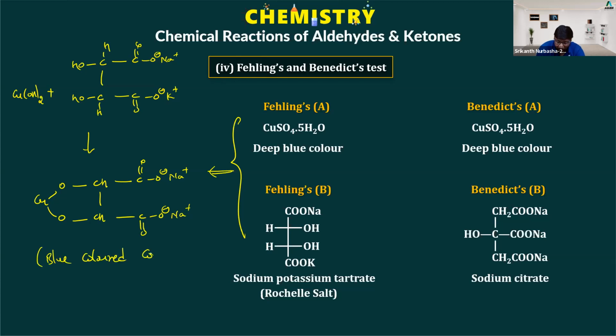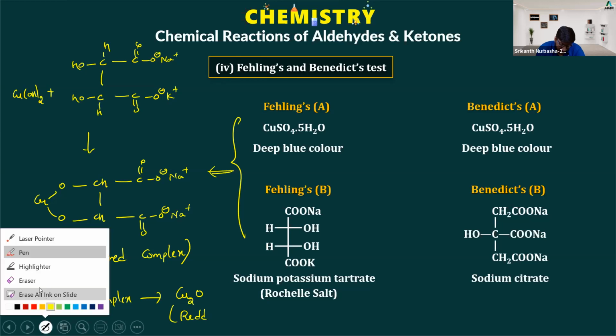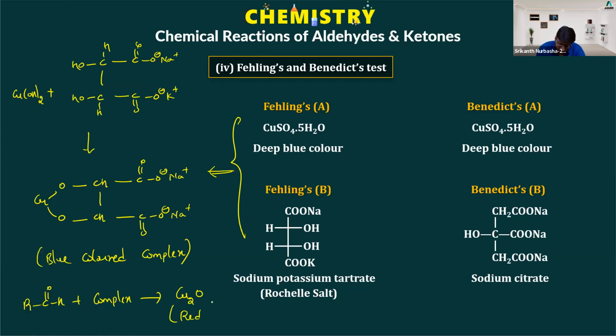This blue colored complex will react with the respective R C double bond OH aliphatic aldehydes to form Cu2O, which is a red precipitate. Since this complex is also an oxidizing agent, it will convert the respective aldehydes to the respective carboxylates.